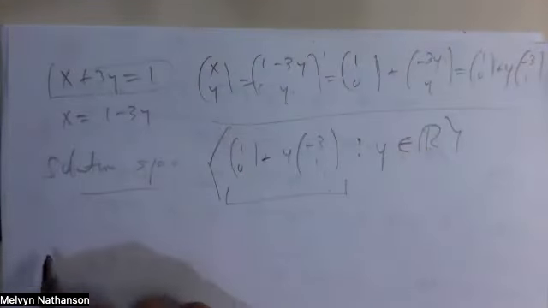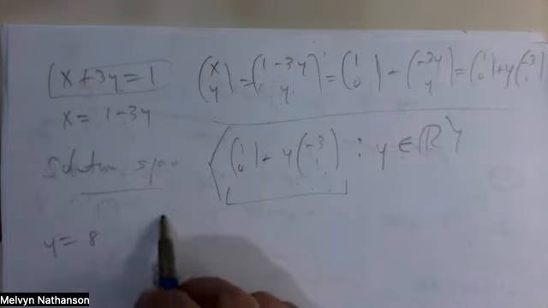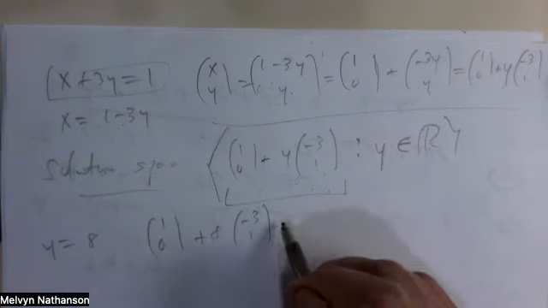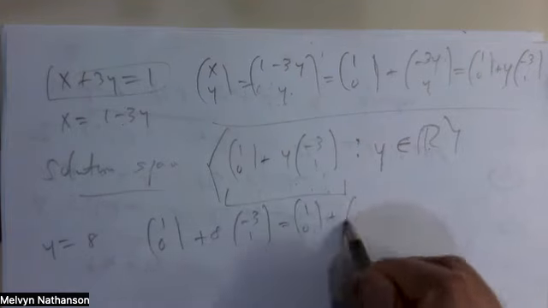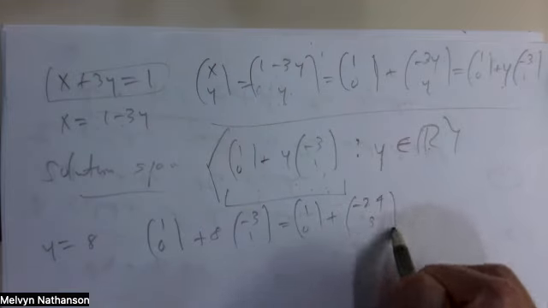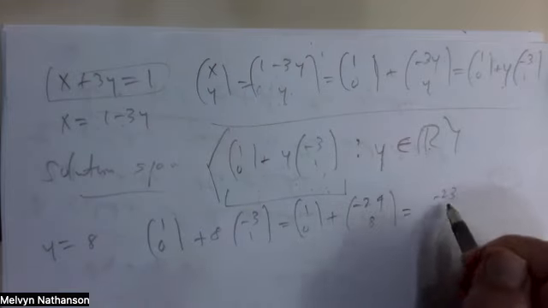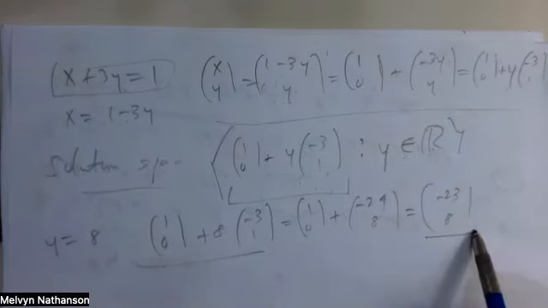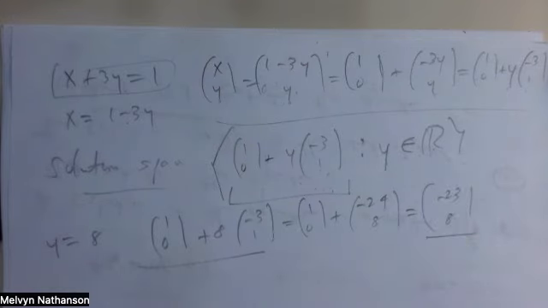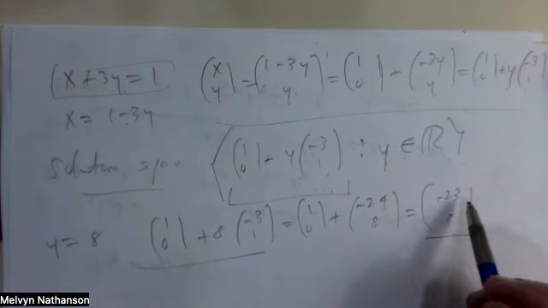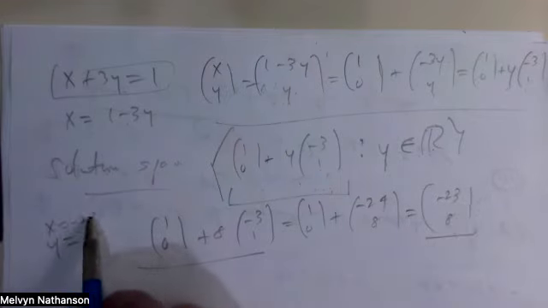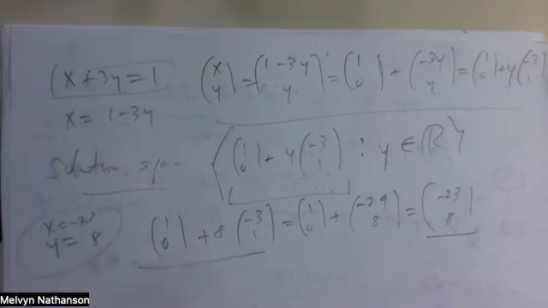For example, suppose I take y equal to 8. Then 1, 0 plus 8 times minus 3, 1. That's 1, 0 plus minus 24, 8. That's minus 23, 8. So this vector is equal to this. If I plug it into the equation, x is minus 23, y is equal to 8.